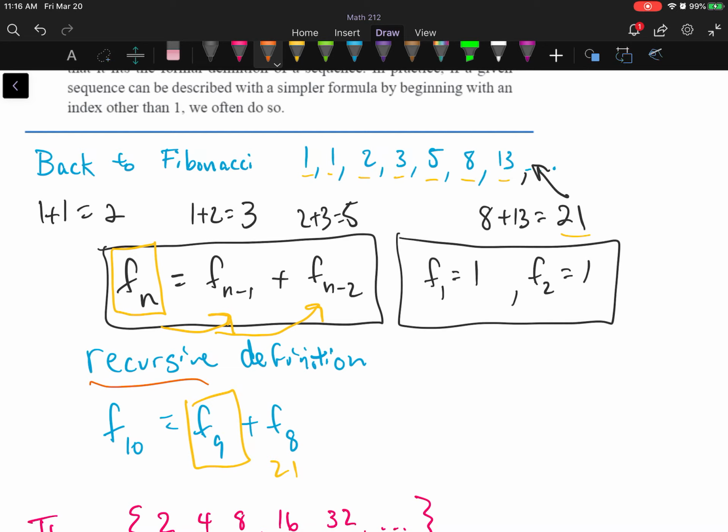There is an explicit formula for the Fibonacci sequence, and it's actually based on the golden ratio phi and phi's little brother, psi, I think is what it's called.